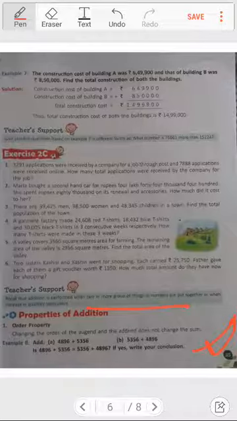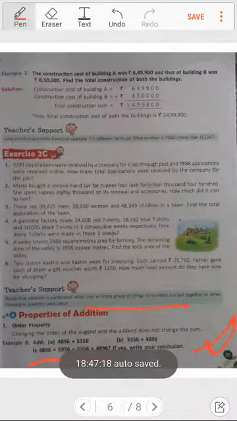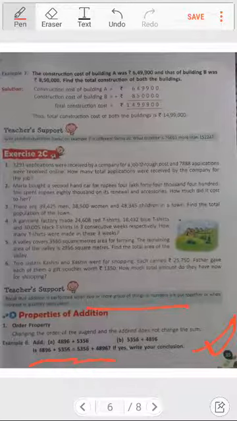Here it has been added: 4896 plus 5356 is also equal to 5356 plus 4896. Okay, here both A and B, both the questions are there, and then after it the next question has been asked.